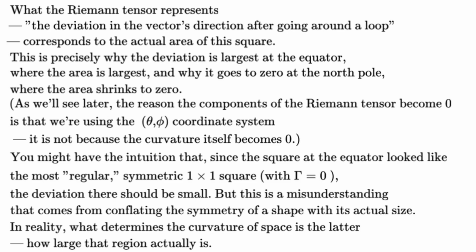It is not because the curvature itself becomes 0. You might have the intuition that, since the square at the equator looked like the most regular, symmetric 1 times 1 square, with gamma equals 0, the deviation there should be small. But this is a misunderstanding that comes from conflating the symmetry of a shape with its actual size. In reality, what determines the curvature of space is the latter, how large that region actually is.